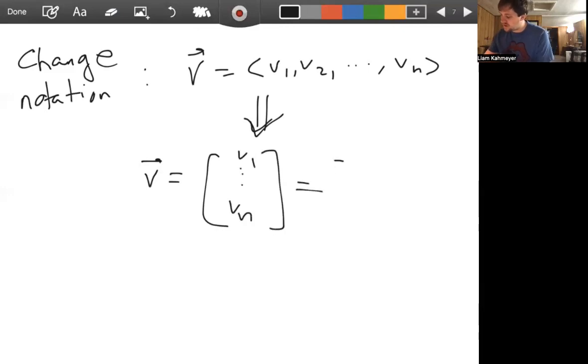We'll also see this written as the transpose of a row vector. I'll use these synonymously, probably sometimes without even mentioning it. We're just going to refer to vectors as column vectors, and if they're written as a row vector, we'll usually slap on this transpose operation so that we know we're still looking at a column vector.